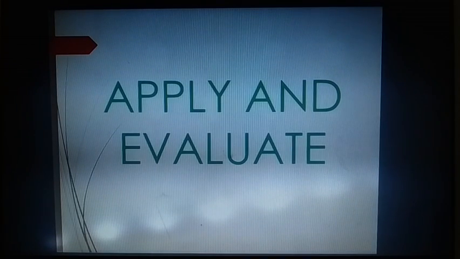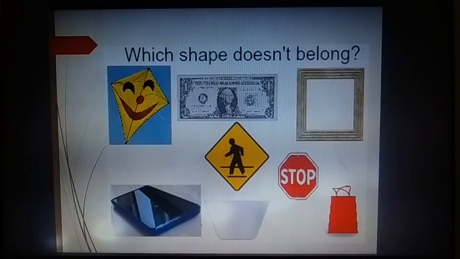Let us apply and evaluate. Observe the figures carefully. Which shape doesn't belong? Here we can see except one, rest all are having a particular shape.